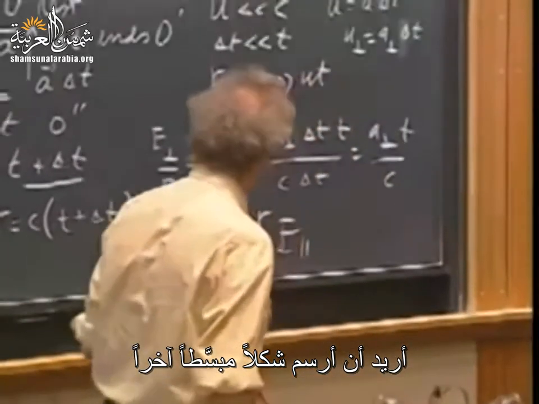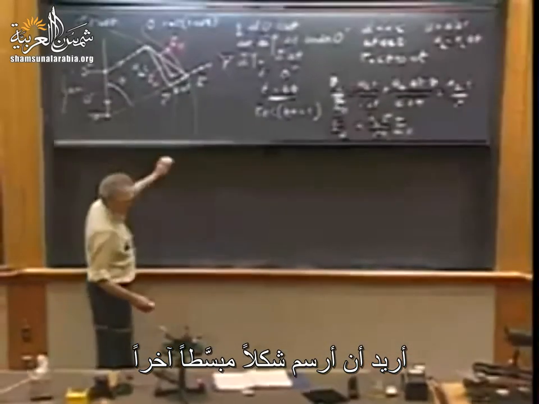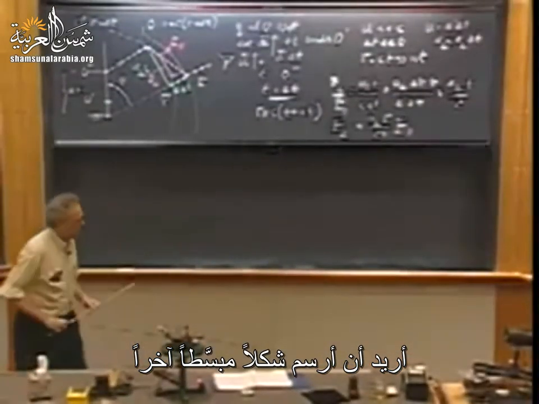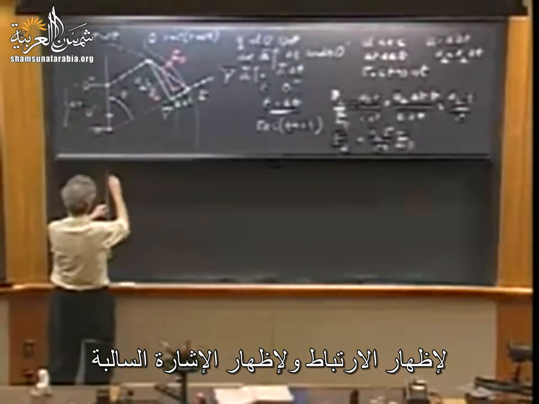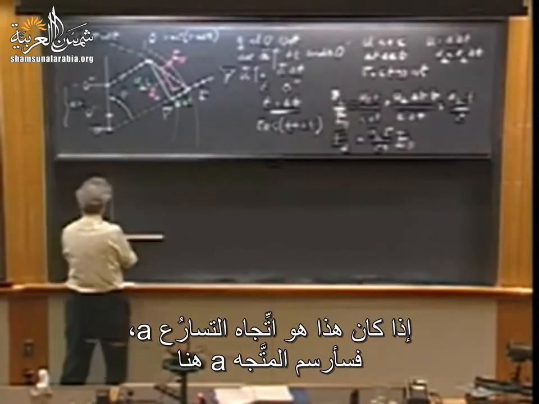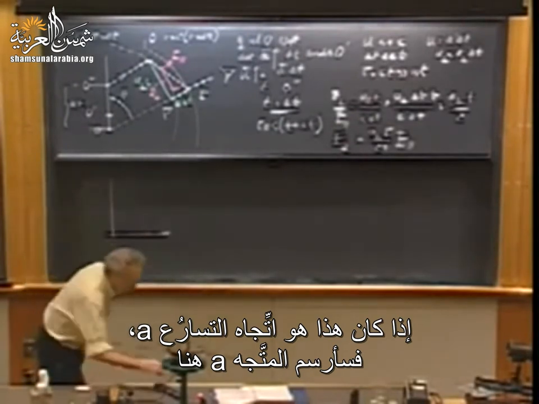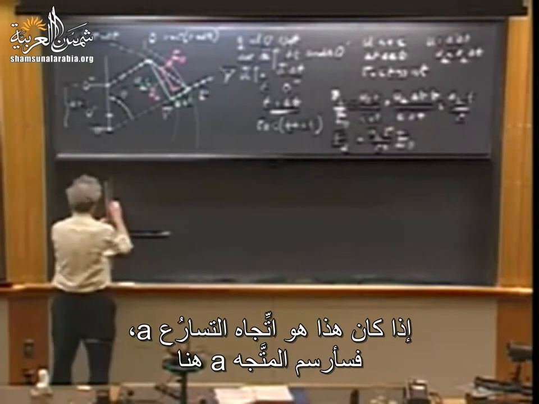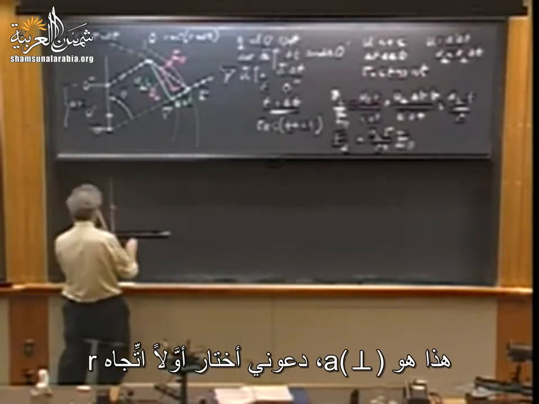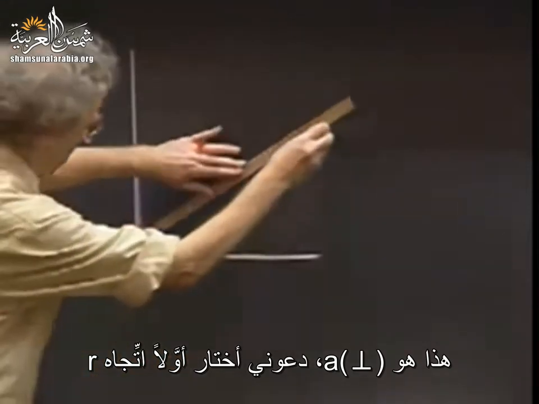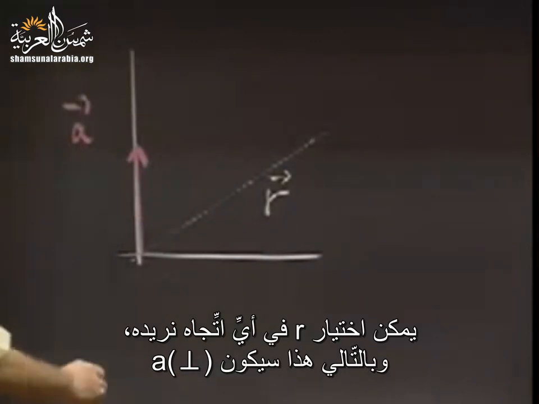And so I would like to make a somewhat simplified picture for you to stress the connection and to also address the minus sign. So if this is the direction of the acceleration A, so I put the A vector in here, then this is A perpendicular. Let's first choose the direction of R. So this is R. You can choose it any way you want to.